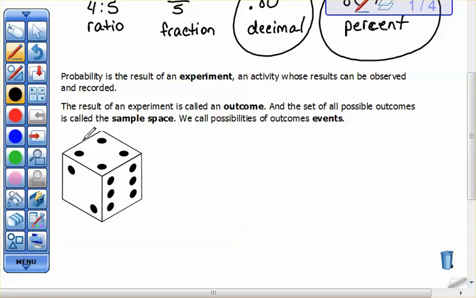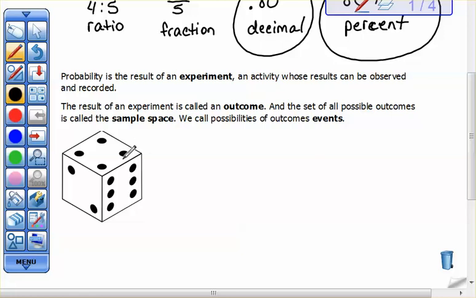I have a picture of a six-sided die, and if I were to roll that die, we would call that an experiment because I could observe what the roll face up would be each time, and I could record that. The result of an experiment is called an outcome. So each time I rolled the die, and let's say it came up with this 4 on the top, that would be called an outcome.